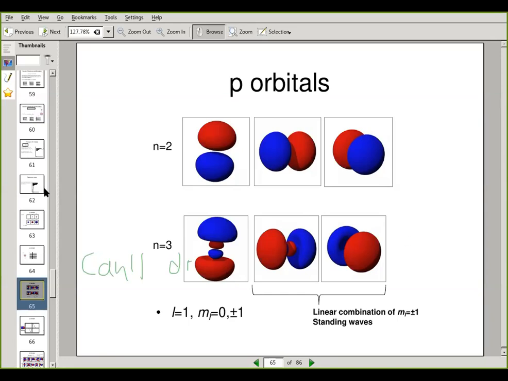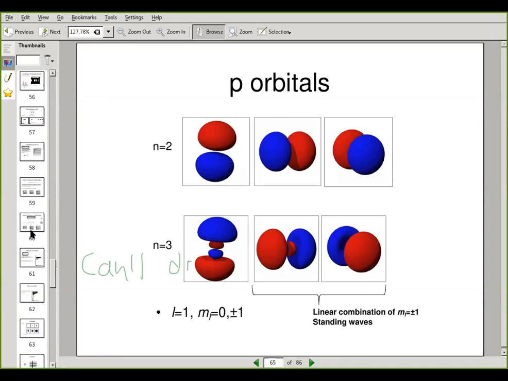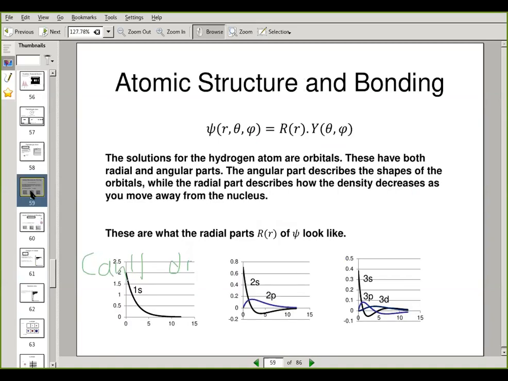Both the probability density of the different orbitals, the 1s and then 2s, 2p. Okay. In terms of the angular shapes of these orbitals, I'm sure you know those.